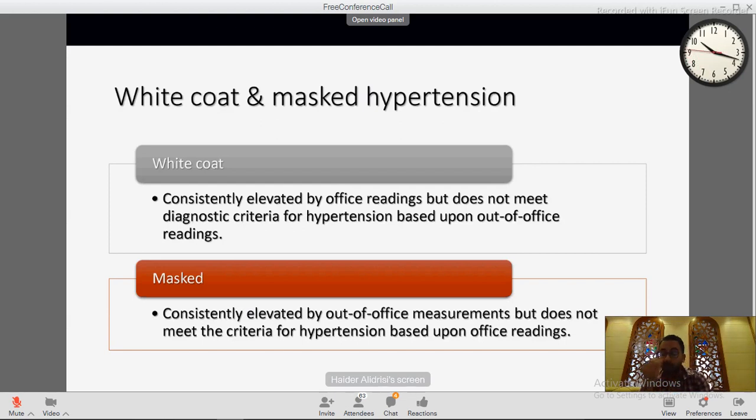The blood pressure is high in the out-of-office measurement, but it does not meet the criteria of hypertension based on your readings. So in your office the blood pressure is okay, but the readings measured at home are high. This is masked hypertension, and it should be considered and treated as hypertension.